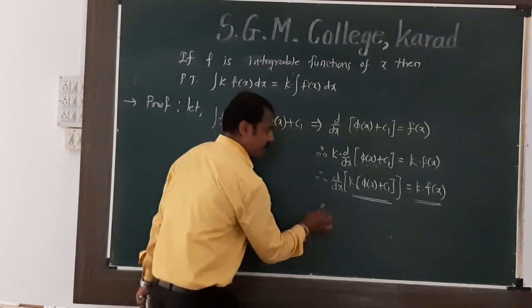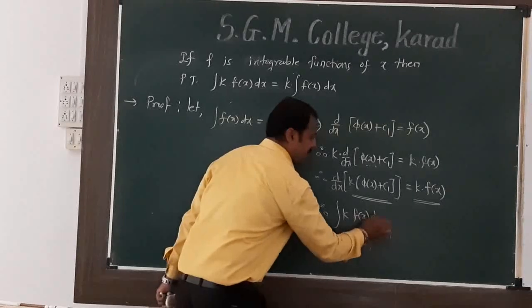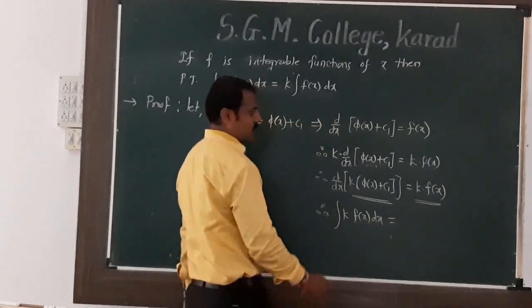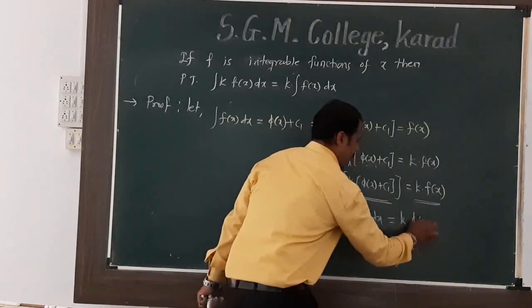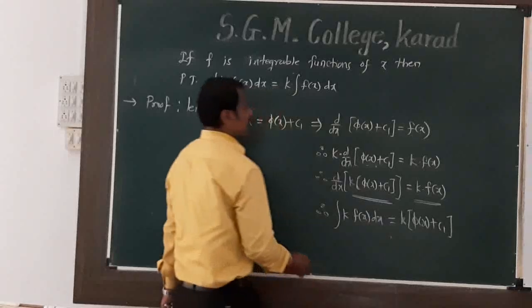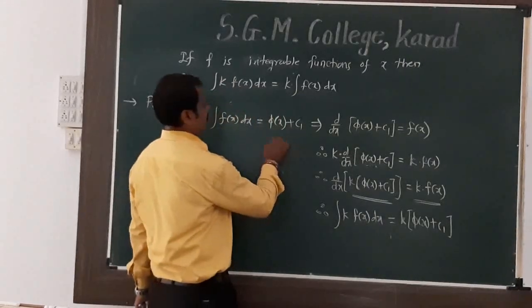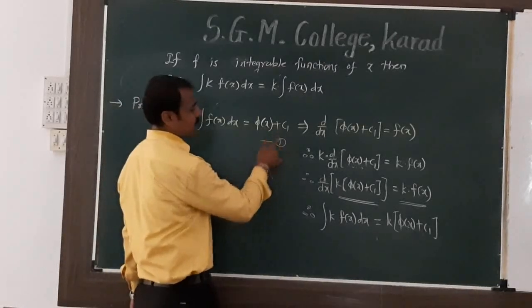Means, therefore, integration of k into f of x dx is equal to k into phi of x plus c1. Okay, but from equation first, integration of f of x dx is equal to phi of x plus c1.